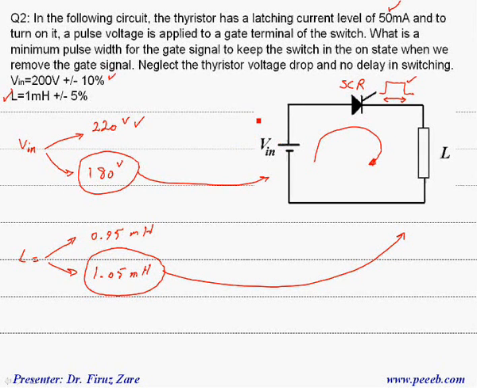So in this case the input voltage is 180 volts and inductance value is 1.05 millihenry. So now we can find the minimum pulse width to be able to turn it on and keep it on when we remove the gate signal.